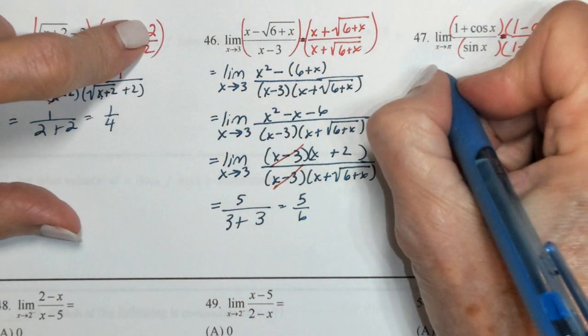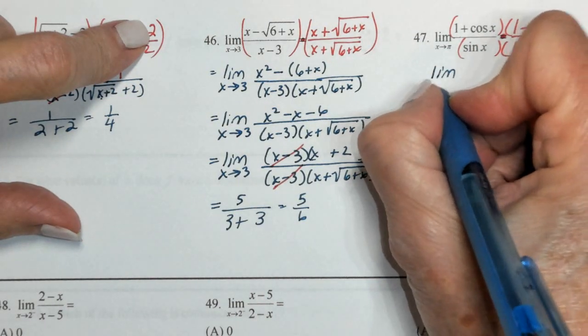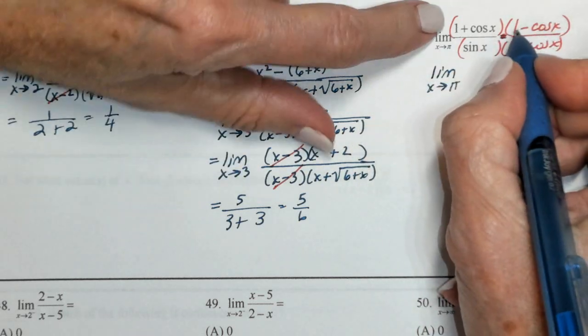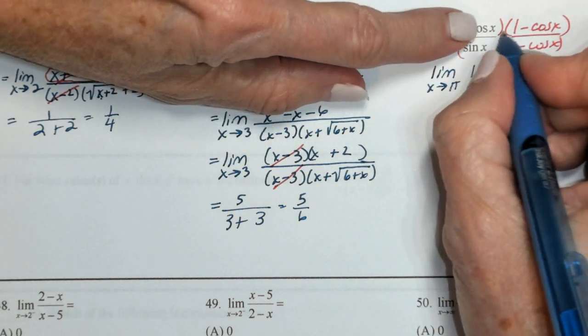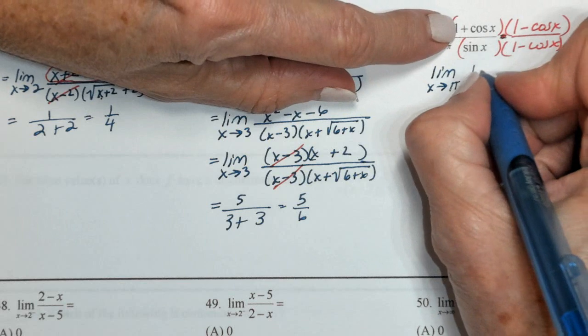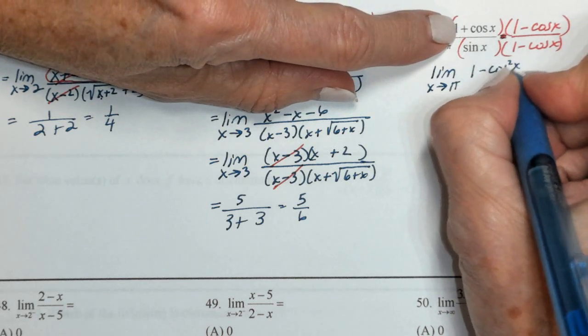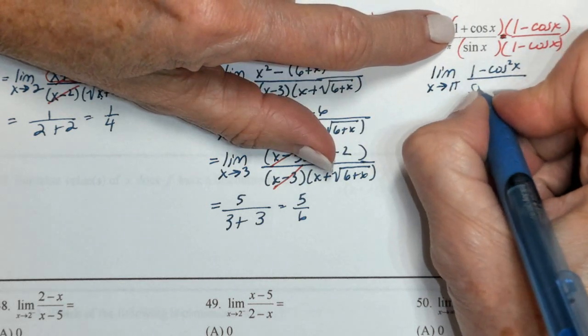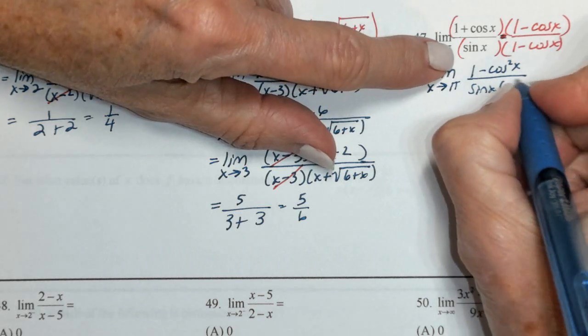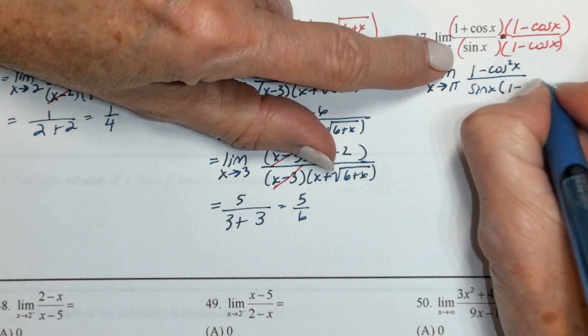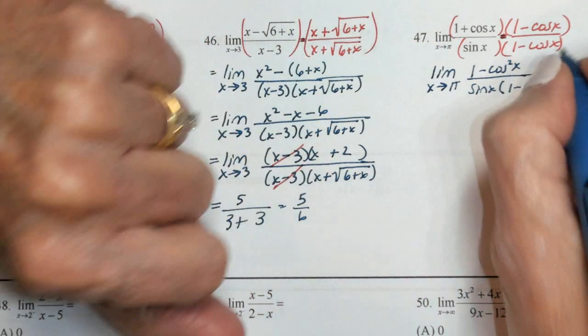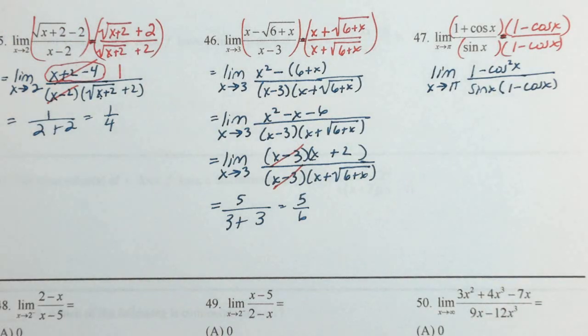Okay, wherever you multiply by the conjugate, you need to go ahead and multiply it out. So 1 times 1 is 1, the middle term zeroes out, the back term is minus cosine squared x. On the bottom, I'm not going to distribute, I'm leaving it just like that. Okay, 1 minus cosine x.